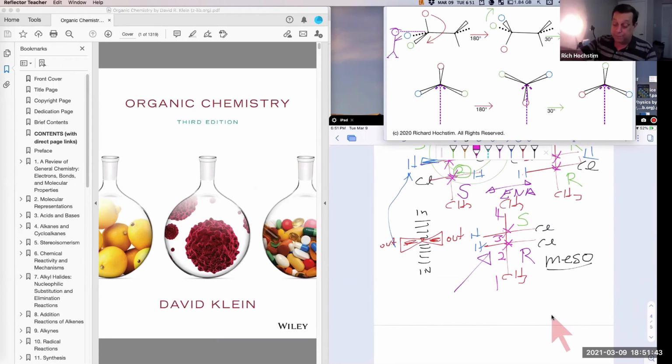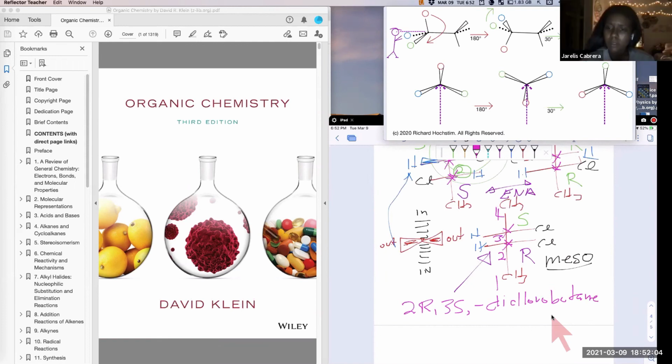Because R comes before S, we give it a 2R, comma, 3S, dash, and then it's going to be dichlorobutane. Does that make any sense? Okay. Yeah, I see it.